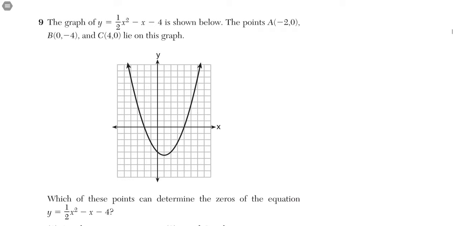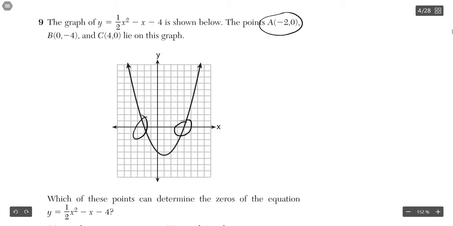Okay, number 9. The zeros of the equation. So the zeros are when the function equals 0, meaning when y is 0. So that's going to be over here and over here. Right? These are when y is 0, right? When x is -2, y is 0. When x is 4, y is 0.